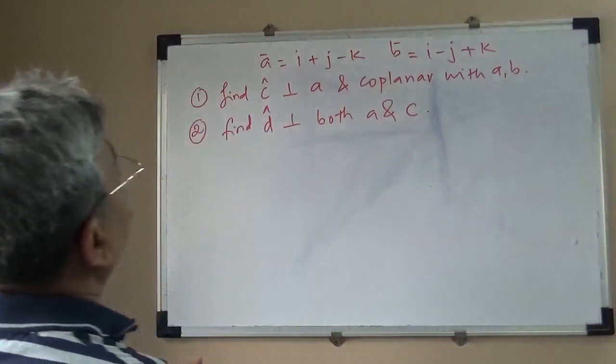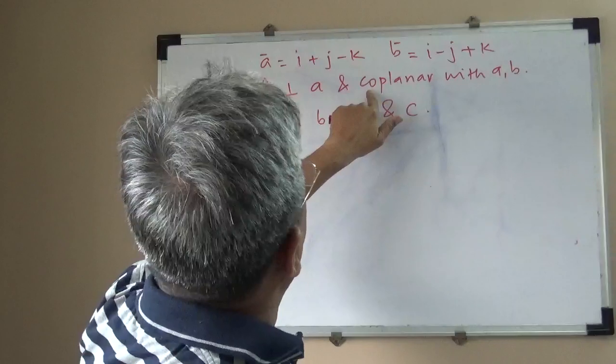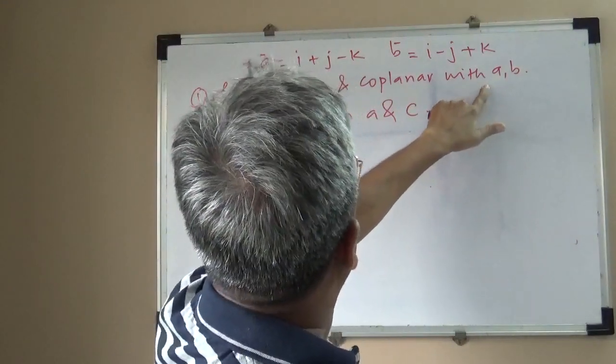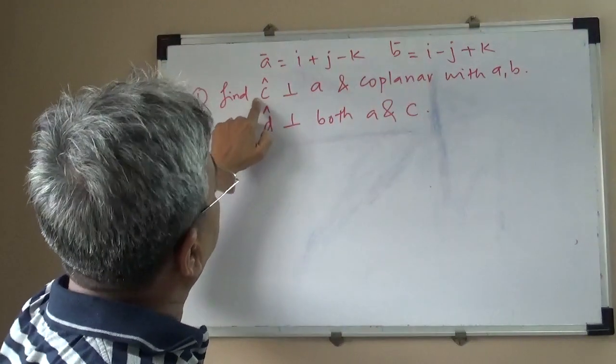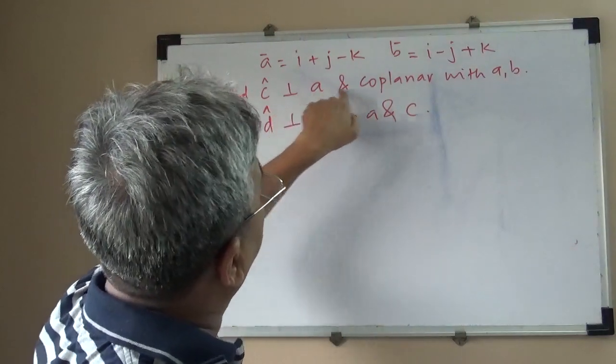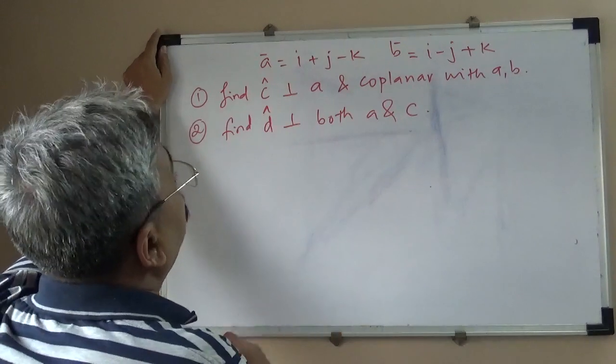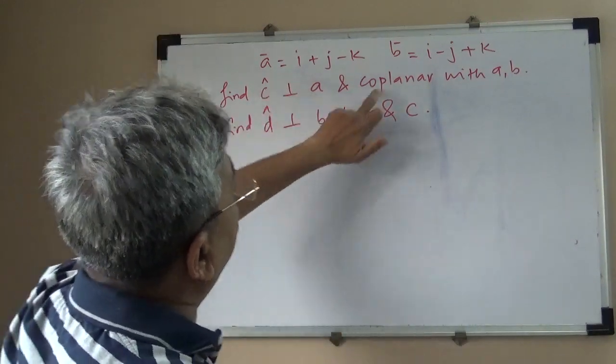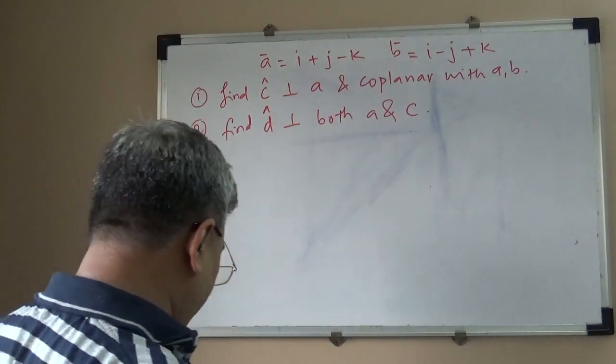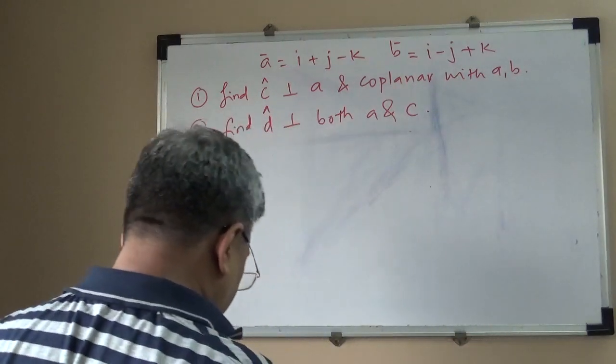Maybe the first problem. First of all, you are supposed to have vector C which is perpendicular to A and coplanar with A, B. So how do you get a vector coplanar with A and B?